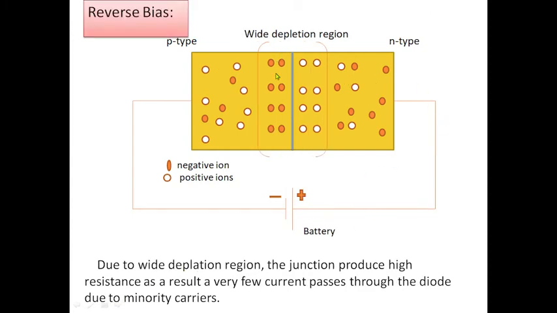So the depletion region will be wide, because more electrons will come here due to the battery potential, and the potential barrier will increase, that is a wide depletion region, and no current will flow through this diode, only a very small amount of current. So we should remember, in forward bias the PN junction diode is active, and in reverse bias the PN junction diode is inactive. No current will flow through this diode.